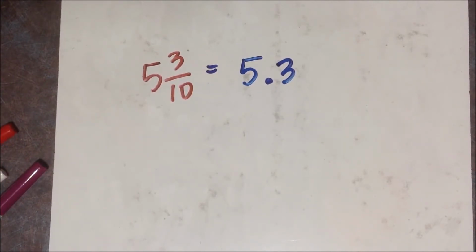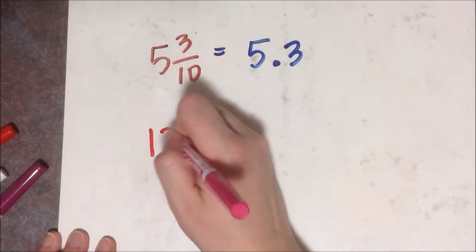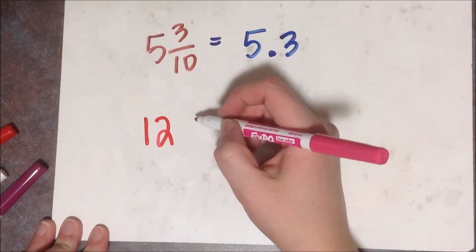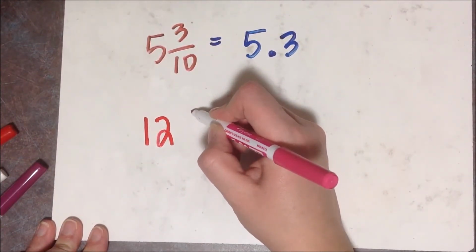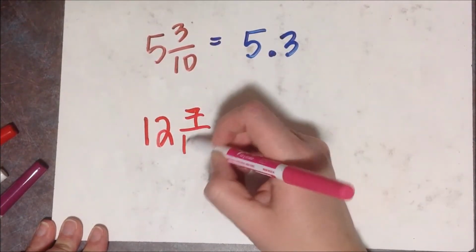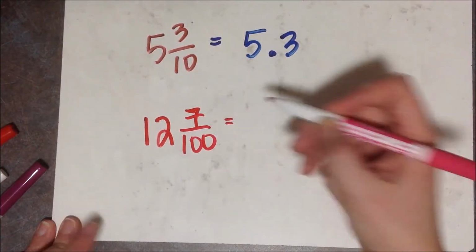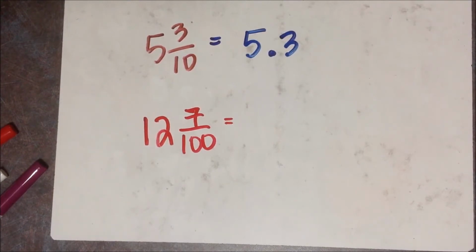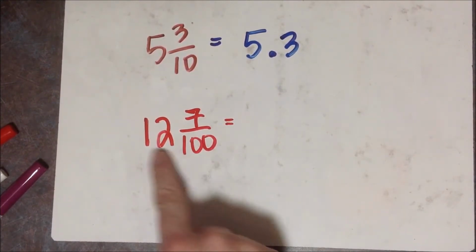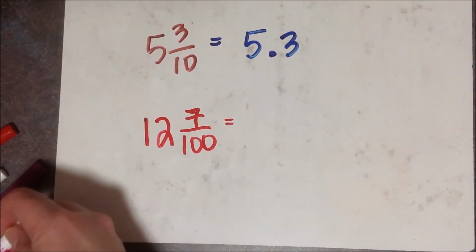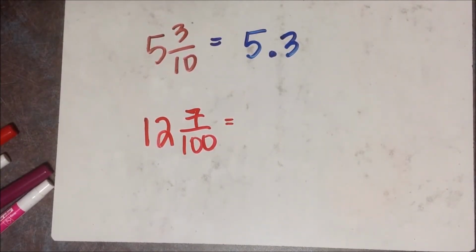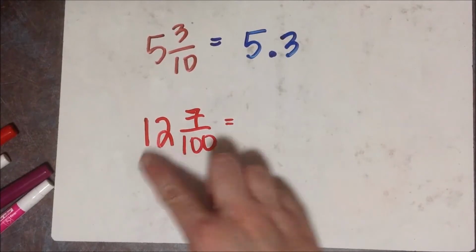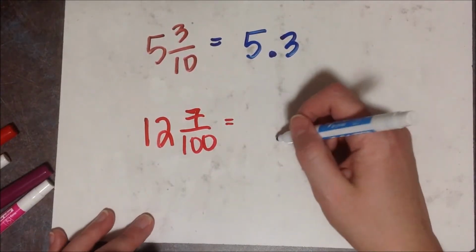If I have 12 and, I don't know, we'll do 7 over 100. If I have 12 7/100 as my mixed number, how am I going to write that over here as a decimal?